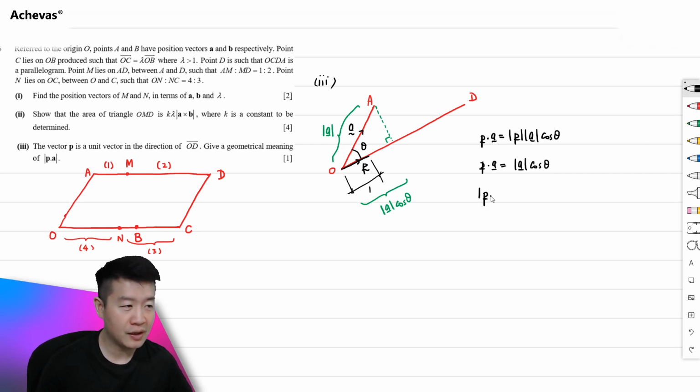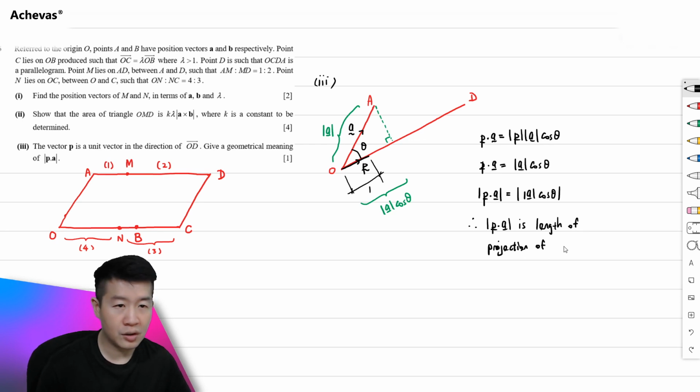If it is a length, it must always be positive, so if you add an overall modulus to it, it will be modulus of A cosine theta. Therefore, I can say that modulus of P dot A is the length of projection of OA onto OD. But like what I was saying, I don't think it is worth it. Usually this kind of geometrical interpretation question is just going to be 1 mark.